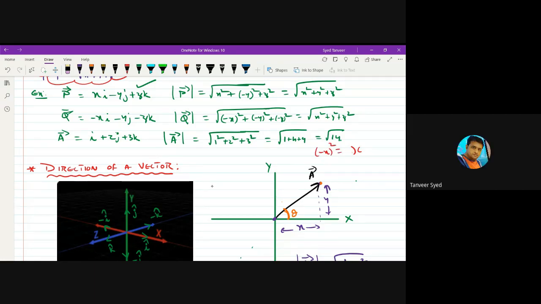Minus x square is minus x into minus x, which is how much? x square. Oh, okay, sir. So even if it is minus at the end, it should be x square plus y square plus z square only. Yes, you need not worry about the negative sign while writing the magnitude, because negative magnitude is meaningless in physics. Okay, sir.